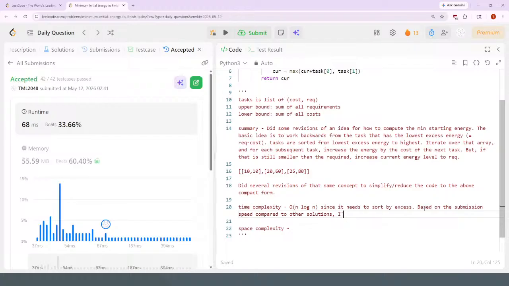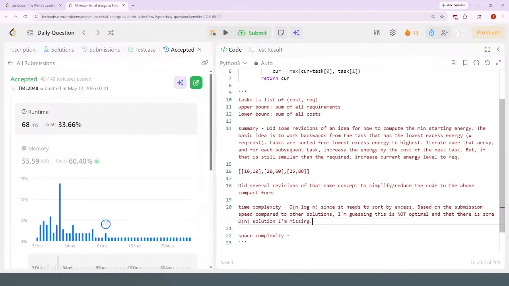I'm guessing this is not optimal, and that there is some O of n solution I'm missing.